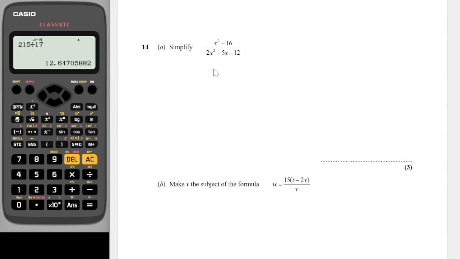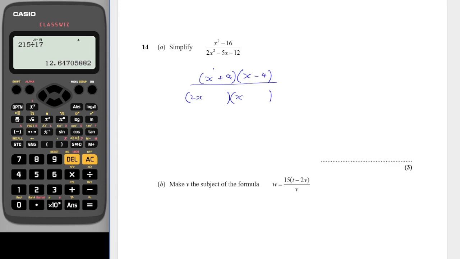Okay, question 14, simplify. So here we've got a difference of 2 squares, so that would be x plus 4 times x minus 4 if I factorised it. And then I try and factorise the denominator as well. We've got a 2x squared, so my brackets must start with a 2x and an x. And then I'm looking for 2 numbers that multiply together to make 12, and then 2 lots of one number plus the other number add together to make 5.